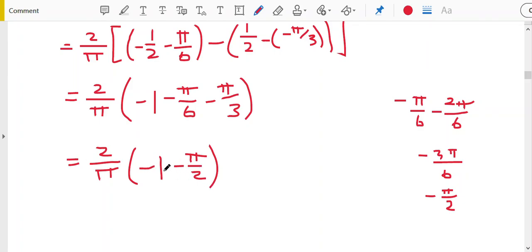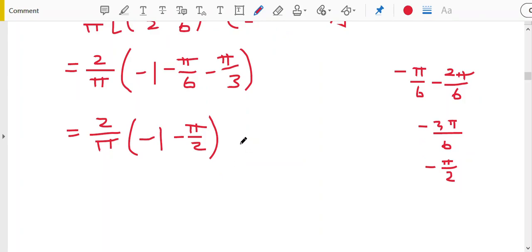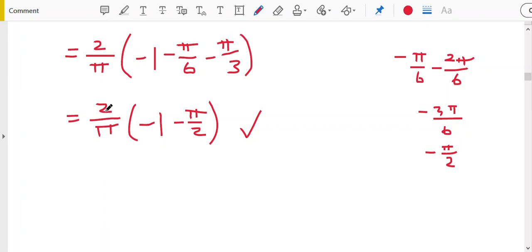I can leave the answer like that, but I can actually expand it as well. So that tick, I'm happy with that as being the answer. But if I do expand the brackets, I get 2 over pi times minus 1, which is minus 2 divided by pi. And then 2 over pi times minus pi over 2, well, that'll end up being minus 1.